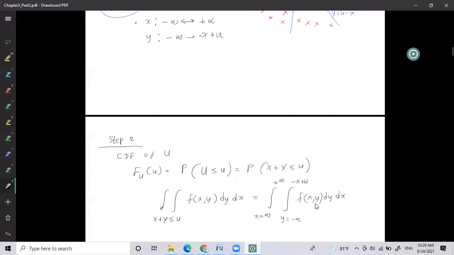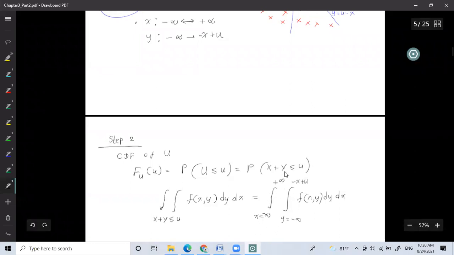When you are doing actual examples, you will know the joint density of x and y. And sometimes the limits of x change. Although we give the freedom for x to move from negative infinity up to plus infinity, depending on your example or the question, if x is uniform, it will be from 0 to 1.